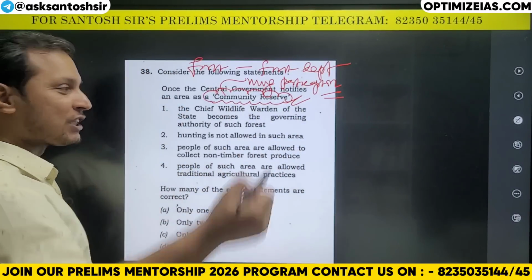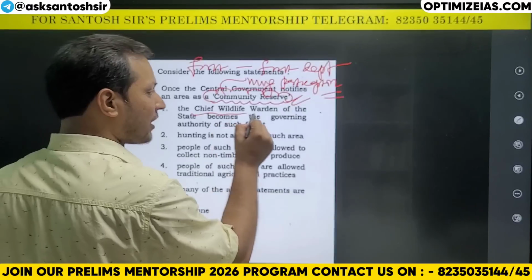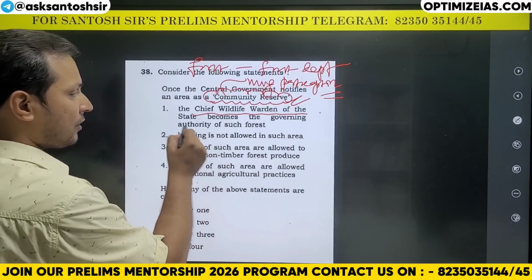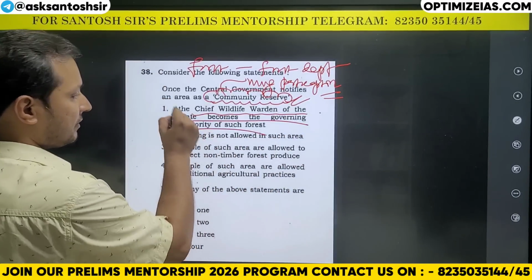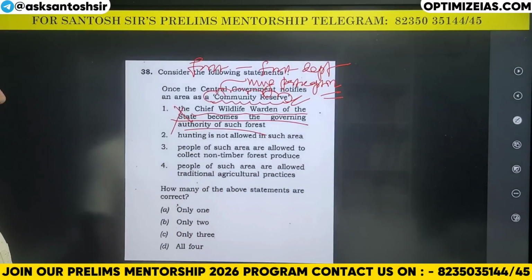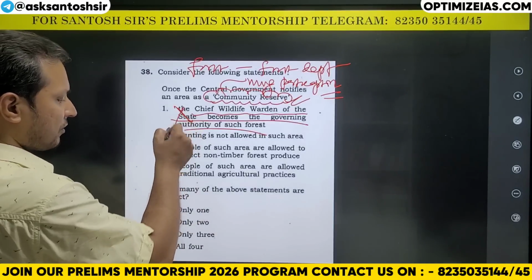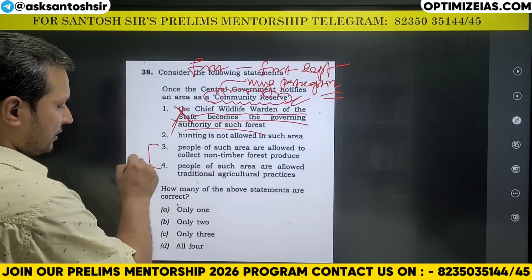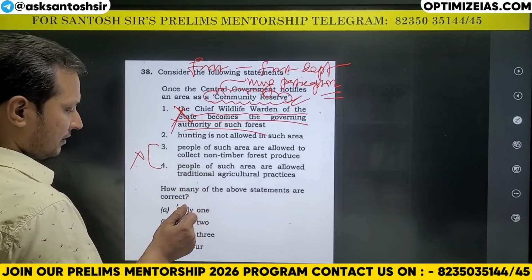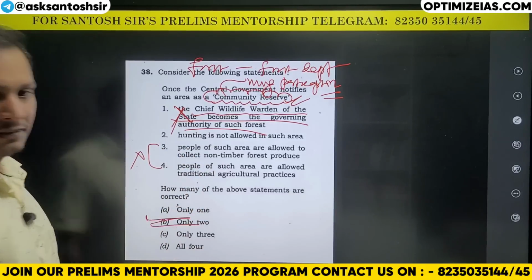So when it is managed by community, why will the chief wildlife warden of the state become the governing authority? He will not become the governing authority. Obviously. So statement 1 is wrong and one of these two is wrong. So we get the answer only 2.